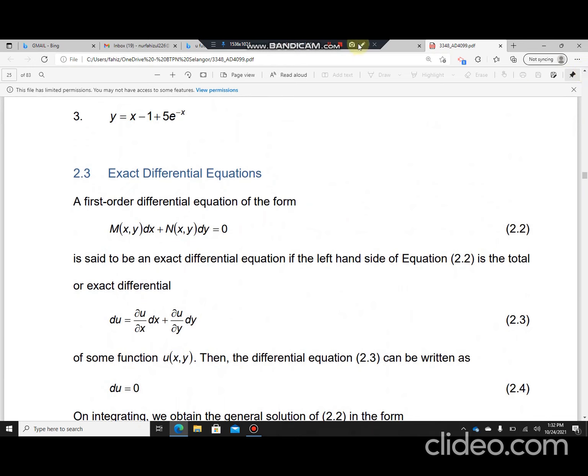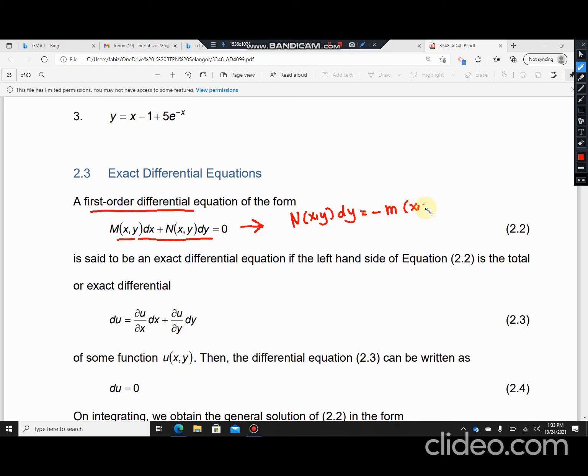If you can see here, since we write in the form of M(x,y) dx plus N(x,y) dy equals 0, it means that if we rearrange the equation, for example, N(x,y) dy equals, I move M(x,y) dx, and then dy dx here, since it is multiplied, I move it here, so it becomes divide by dx.